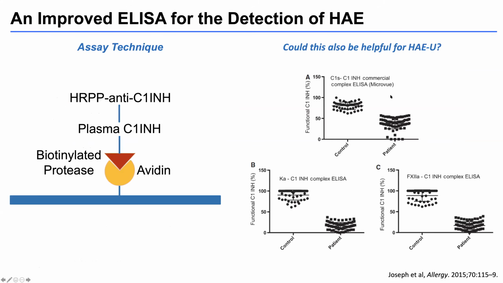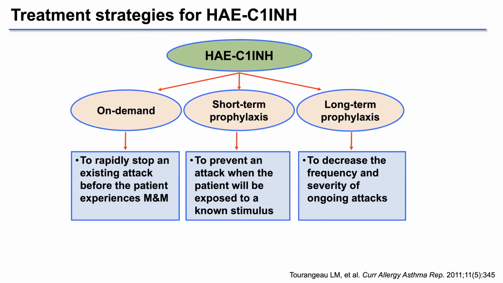And what they found was that it worked well, and compared to chromogenic C1 inhibitor assays, which is up here, you can see that the separation was greater, and they're interested in looking at this in HAE normal C1 inhibitor. I'm waiting. They haven't published that yet. We'll see if anything comes out of it.